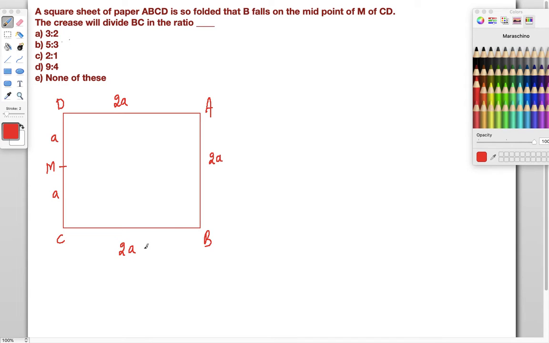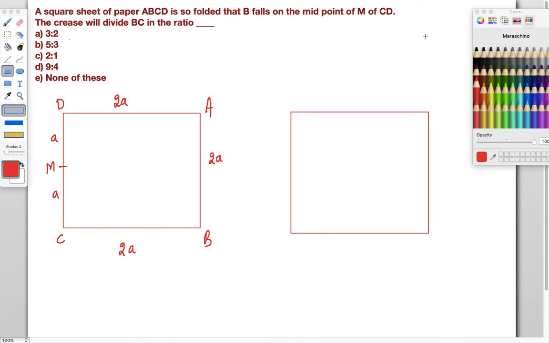So what you can do in such types of questions is just take a square piece of paper in your hand, mark these points A, B, C, D the way I have marked, and try to coincide point B to M. Now when you fold point B to point M, you'll get a figure like this, which I'm going to draw on the next part.